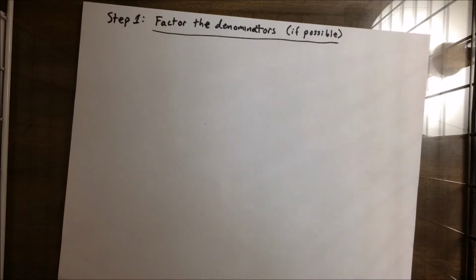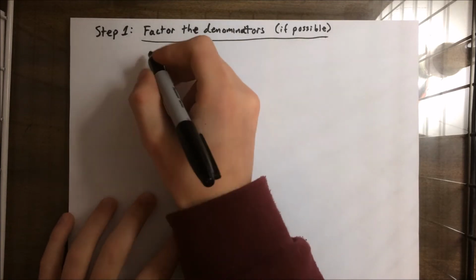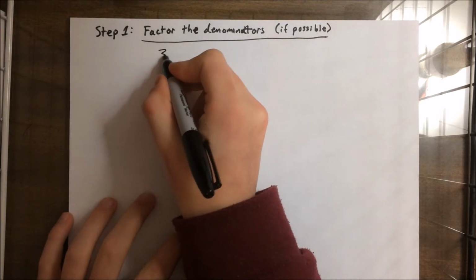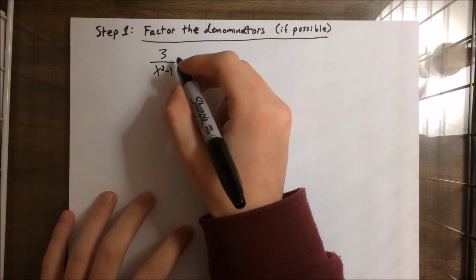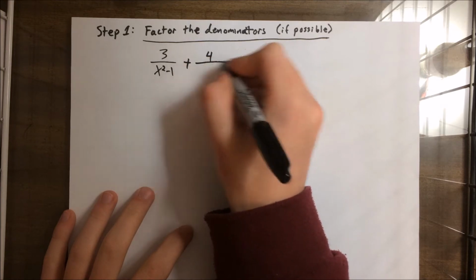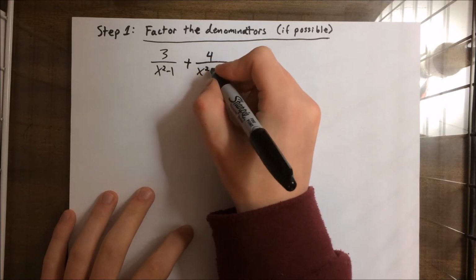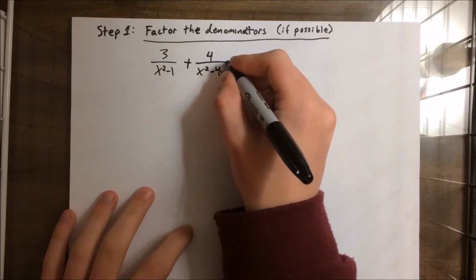In this first example, let's work with the expression 3 over x squared minus 1, plus 4 over x squared minus 4x plus 3.